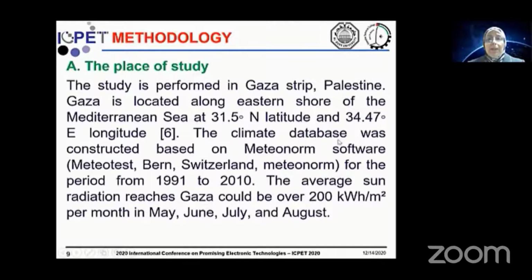The climate database was constructed based on Meteonorm software for the period from 1991 to 2010. The average sun radiation reaching Gaza could be over 200 kilowatt-hour per meter squared per month in May, June, July, and August.